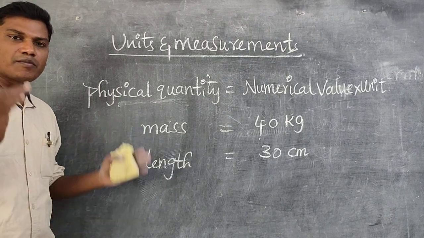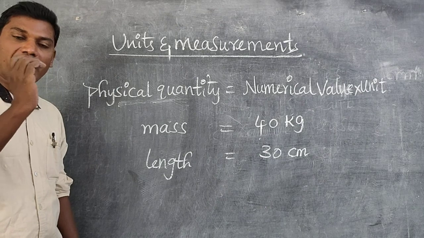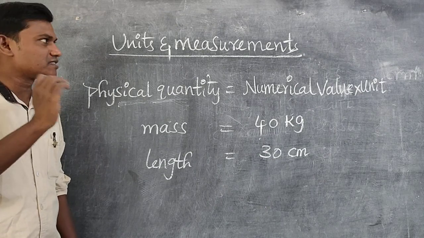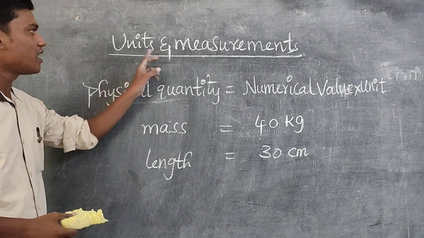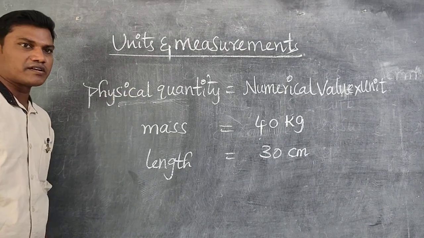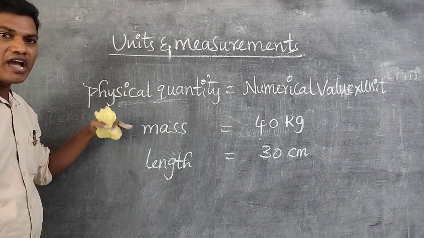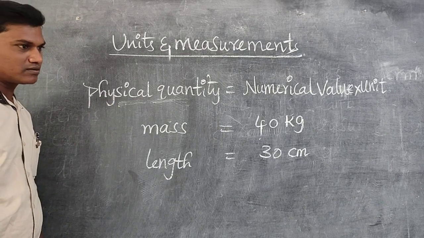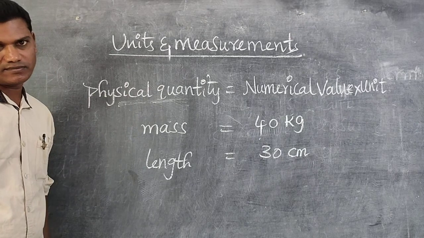Today, I am giving some basic concepts or ideas in our physics subject, mainly in the chapter of units and measurements. Now, come to that one. In the units and measurement chapter, initially we are discussing what are called physical quantities.